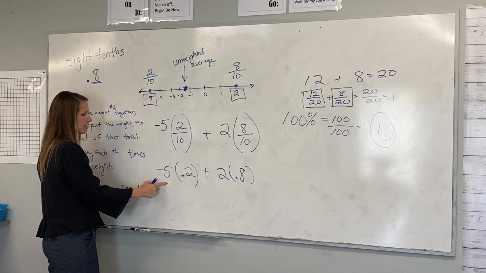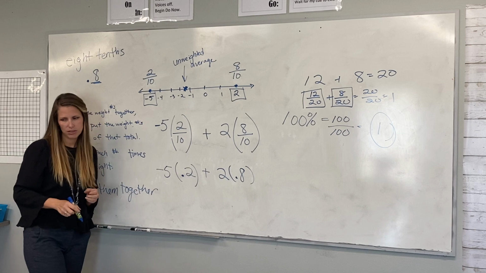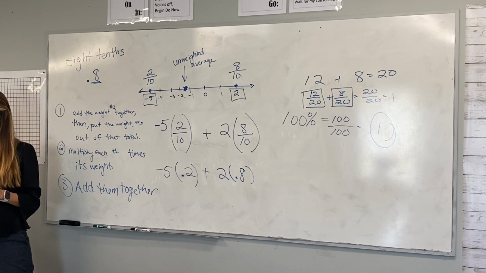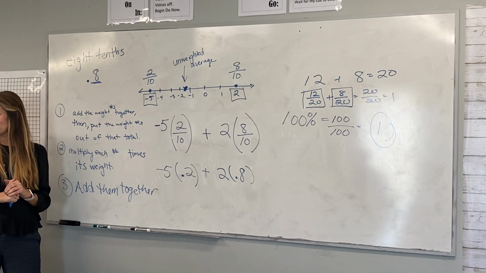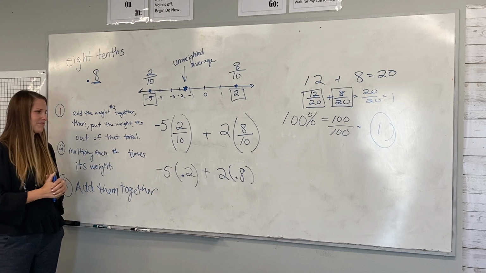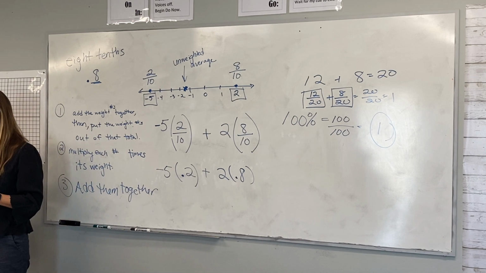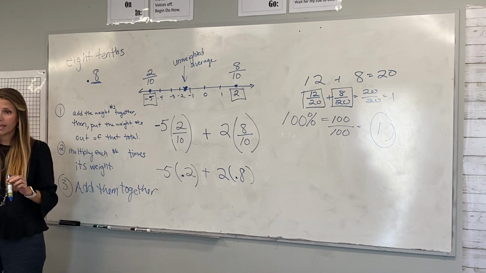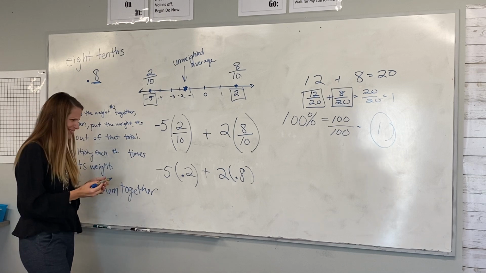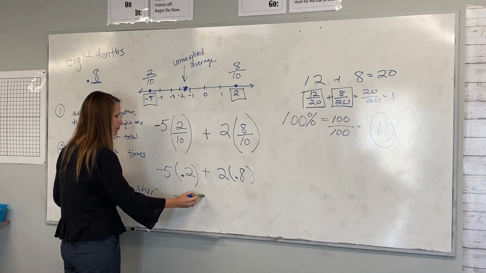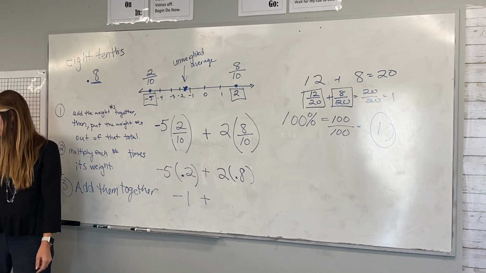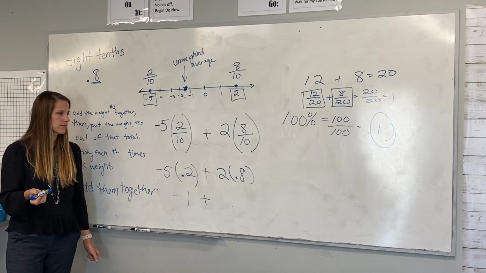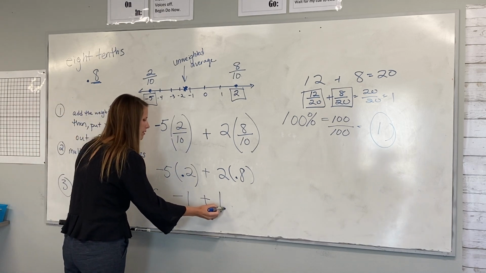We have to multiply -5 times 0.2. Anybody want to do that on a calculator? -5 times 0.2. Yeah, there you go. -1 is correct. -1 plus, what's 2 times 0.8? 1.6.